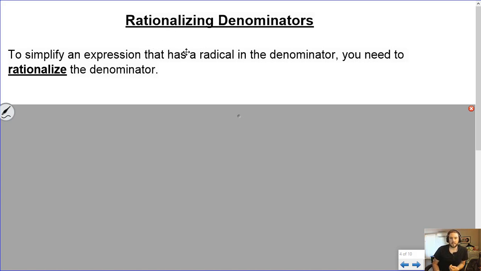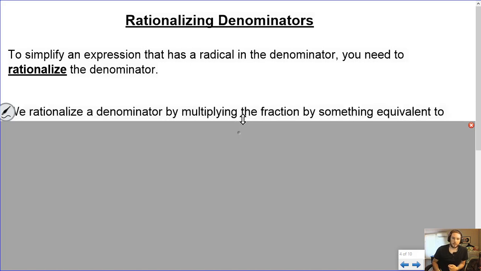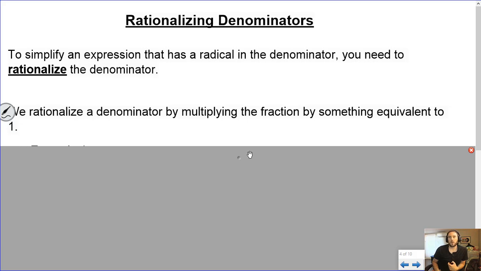So to simplify a fraction that has a radical in the denominator, we need to rationalize the denominator. And there's going to be a couple of ways of doing that depending on what our denominator looks like. We rationalize the denominator by multiplying the fraction by something equivalent. What I mean by that is whatever we multiply the fraction by, say 2√3, we want to make sure that we're not changing the value of our fraction.